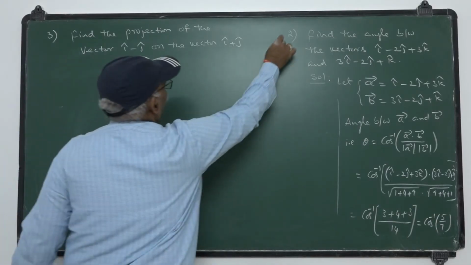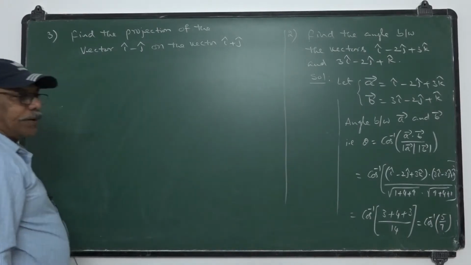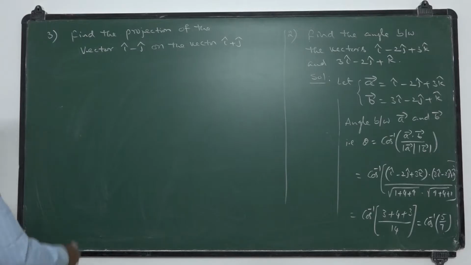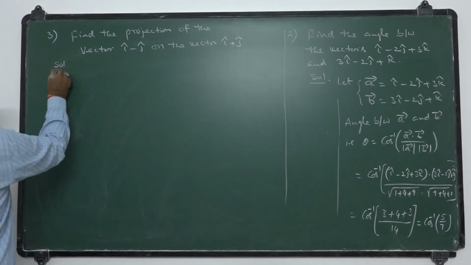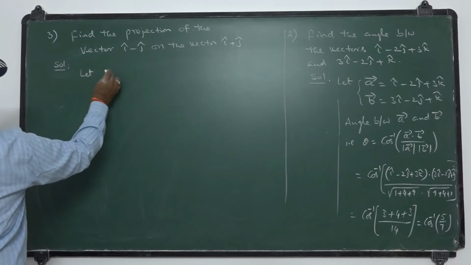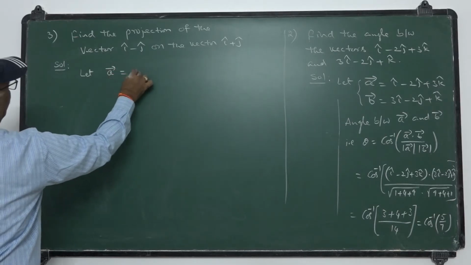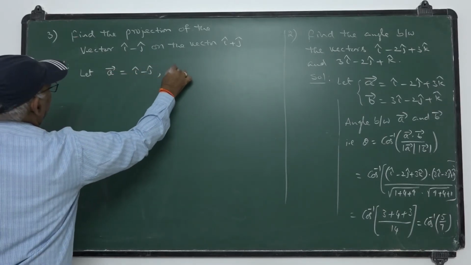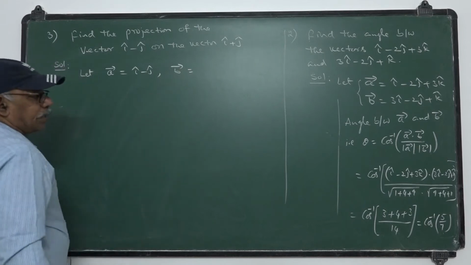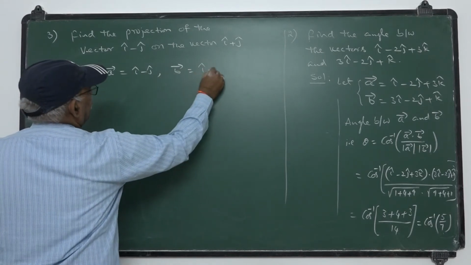The projection of one vector on the other vector. For this, let us consider the vectors are A bar and B bar. Let us consider A bar is i minus j, B bar is i plus j.